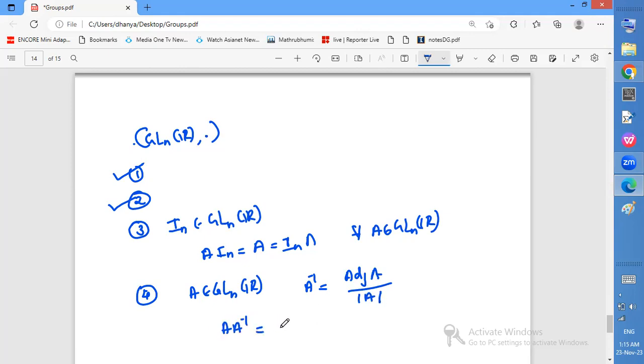A into A inverse is the identity matrix of order n. This is equal to A inverse A. That is, for each element A in GL_n(R), there exists an inverse under multiplication. So this set GL_n(R) under multiplication forms a group.